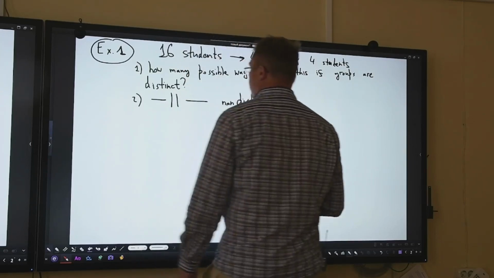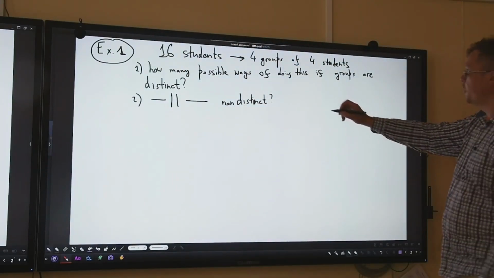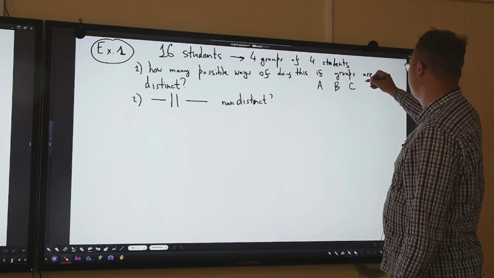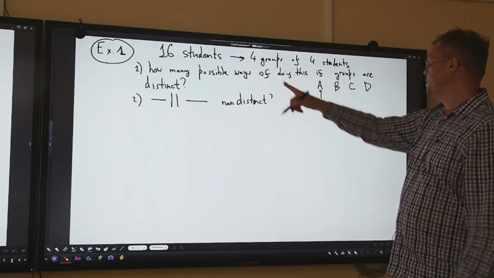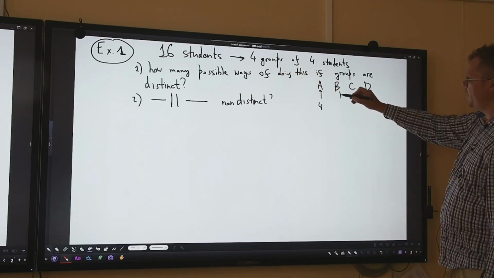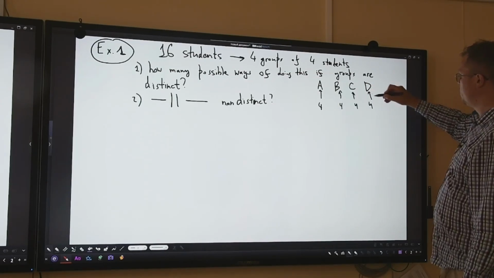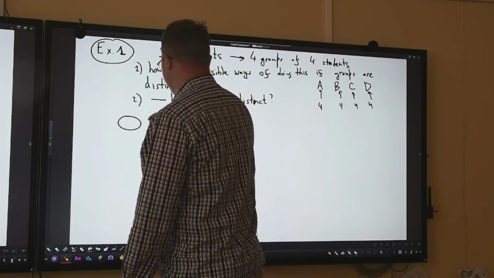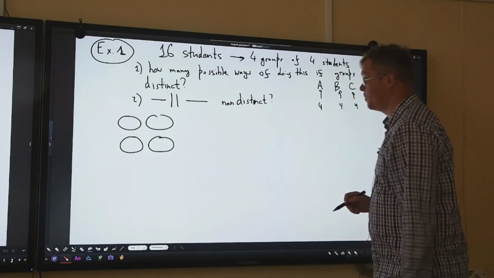So in the first question, you can assume that we have, for example, groups A, B, C, D, and we want some 4 of the 16 students to go into group A, some 4 into group B, some 4 into group C, and some 4 into group D. And for the second one, we just want to separate them into four groups of 4 students.